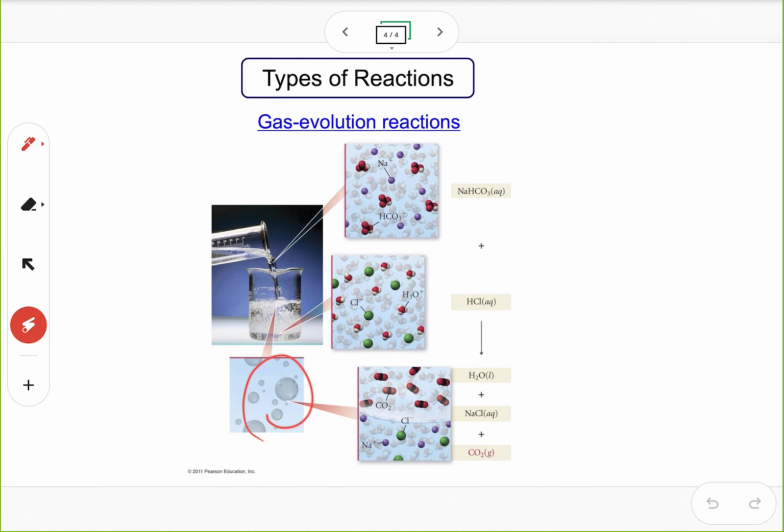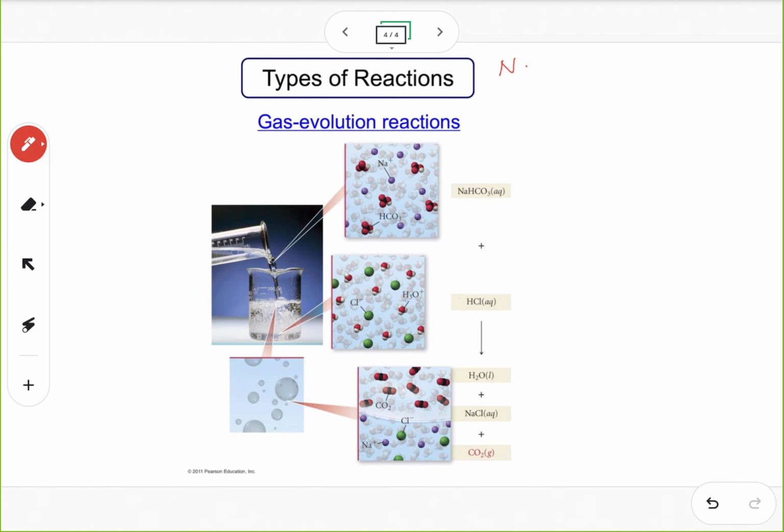You can see bubbles from this reaction. Therefore, this is a gas evolution reaction. Since we've already discussed complete ionic equation and net ionic equation, let's try what the complete ionic equation and net ionic equation of this reaction look like. Okay, let me write the full reaction first.